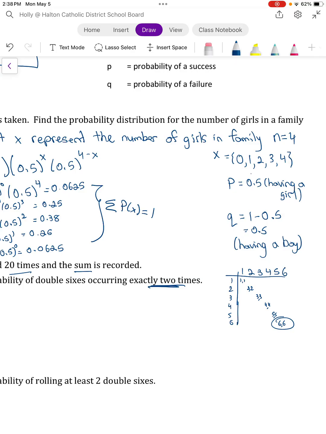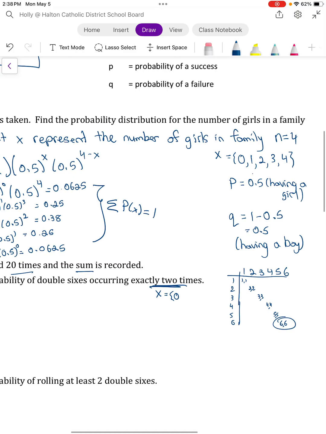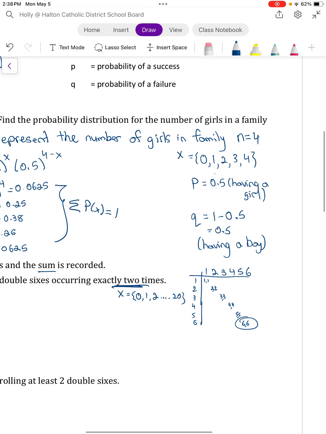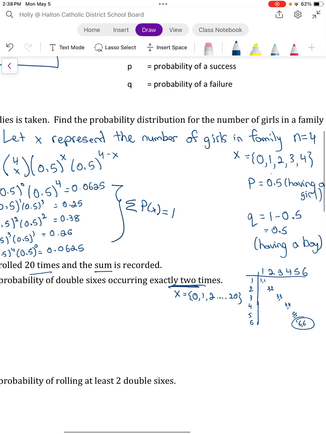So when I'm rolling my dice, I can get 0 double 6s, I can get double 6s once, twice, all the way up until, if I was really lucky, I would roll 20 doubles of the 6. But here in this question, they're telling me exactly 2 times, so I'm looking at 2.